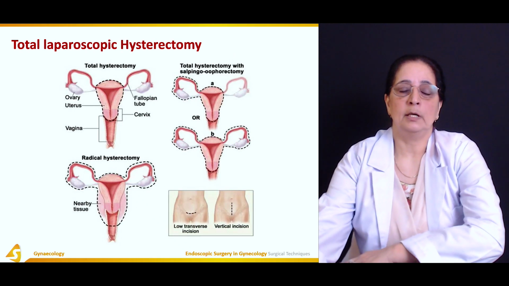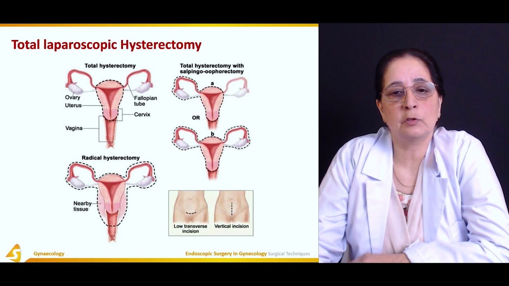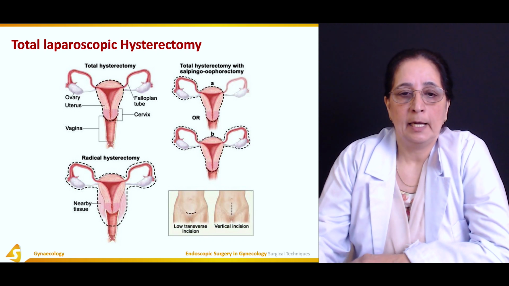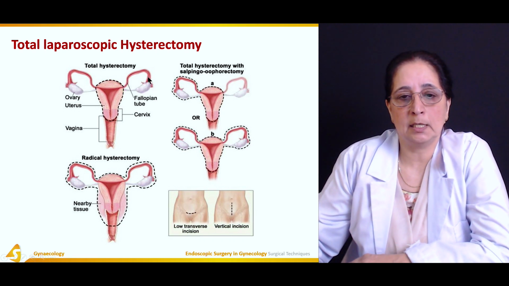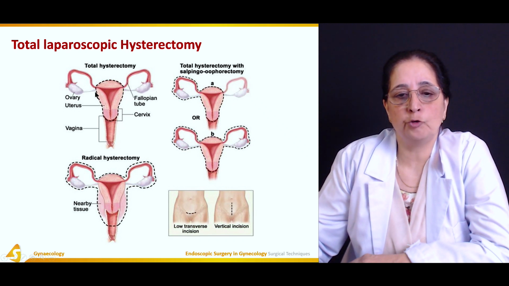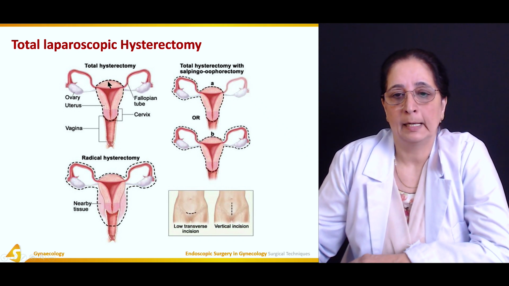Then another procedure done by the laparoscope is total laparoscopic hysterectomy. Total hysterectomy. In this first picture, this is the total hysterectomy done, in which only the uterus is removed. Here, this margin is only the uterus removed.